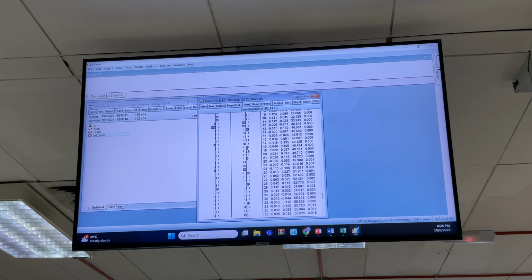Don't just use the computer to select the model for you, just like you can use ChatGPT to find answers for you, but you don't know how it is done. So this one is either MA1 or AR1, and then SMA1 or SAR3.